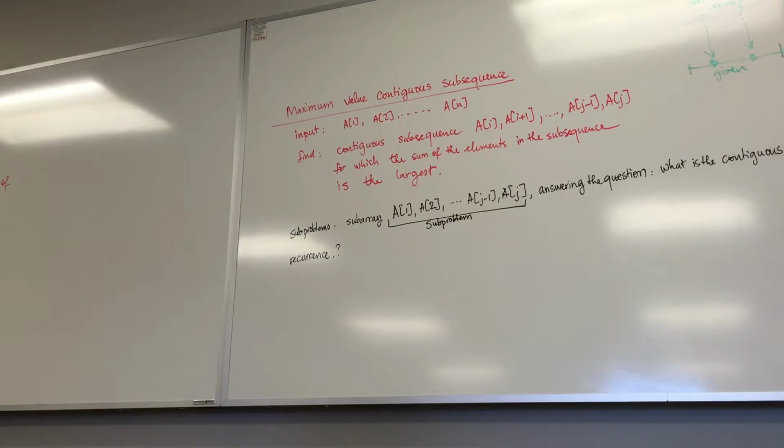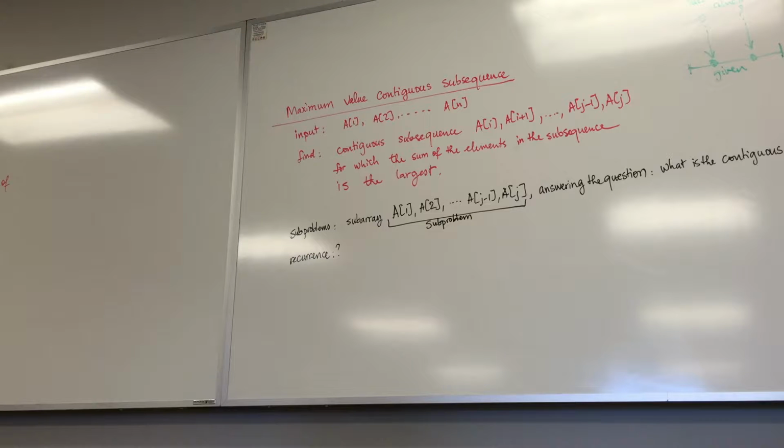The subproblems don't look like this, which is different from a lot of dynamic programming problems that we looked at, where the subproblems look exactly like the original problem. It's just that the input is smaller. You're answering the same question for the subproblem as for the original problem. In this one, the subproblems look a little bit different.